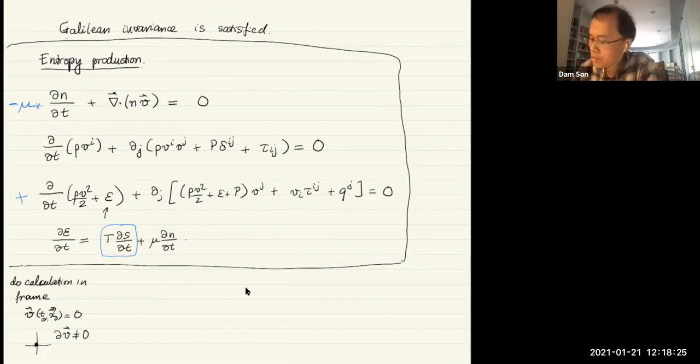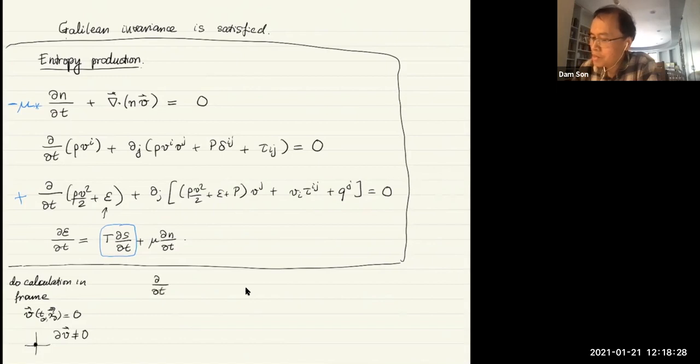So for example, the first equation becomes dn over dt plus n grad v equals 0, because if a derivative acts on n, it is multiplied by v, which gives 0. I don't think I will need the second equation.